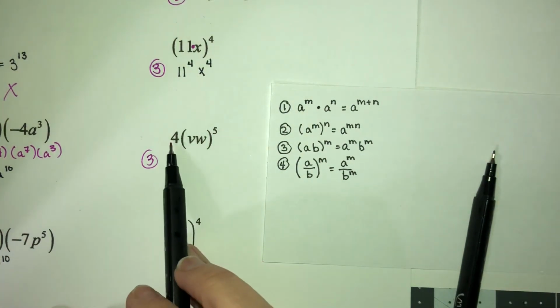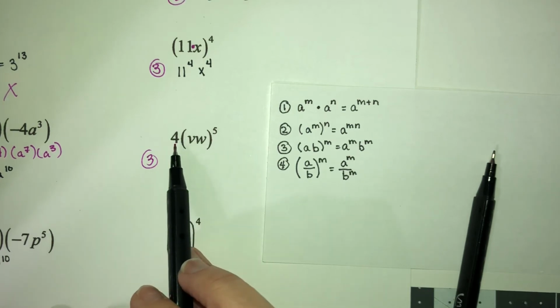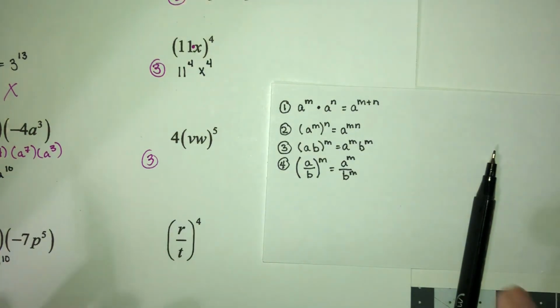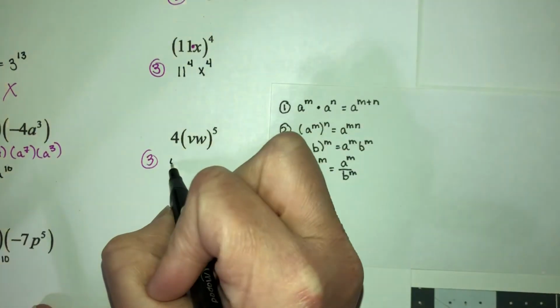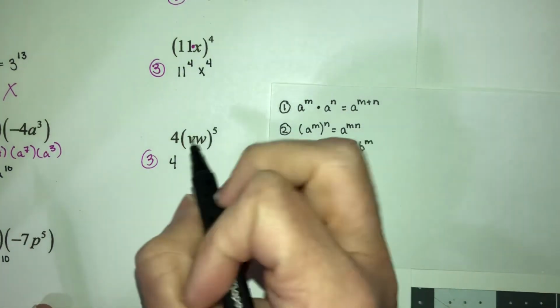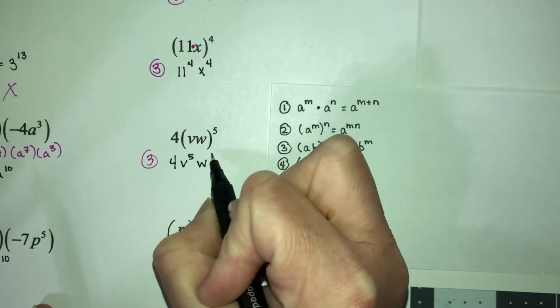This 5 does not go to this 4. If the 5 were supposed to go on the 4, the 4 would be inside the parentheses. That 4 stays the same. And then the 5 gets put on each of these. So this is v to the 5th, w to the 5th.